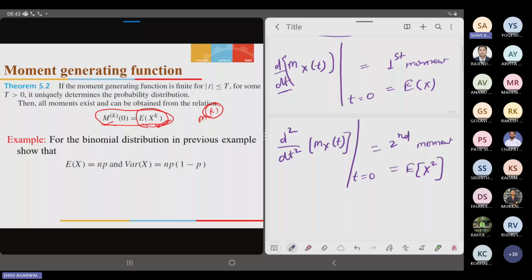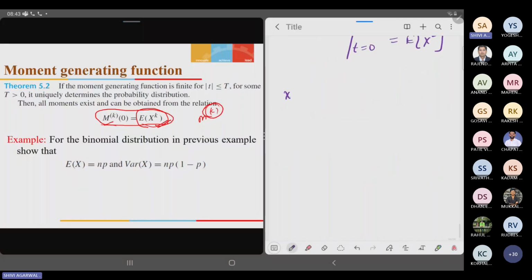Clear? Now if X follows the binomial distribution with parameters n and p, we know the moment generating function is (p e to the power t plus q) to the power n. Now we differentiate it with respect to t. It is very easy.